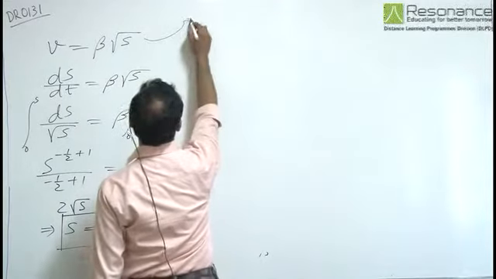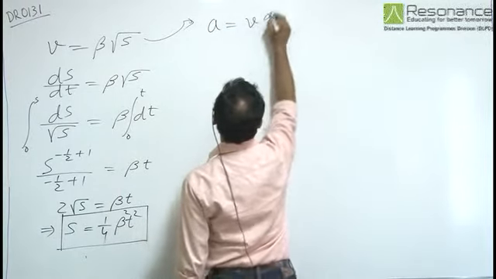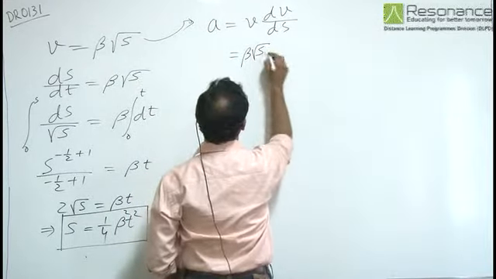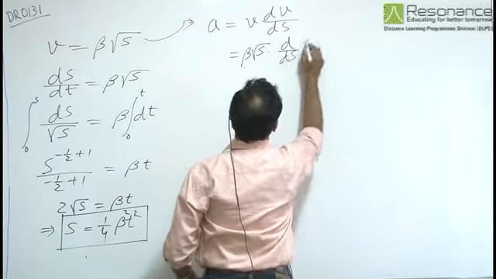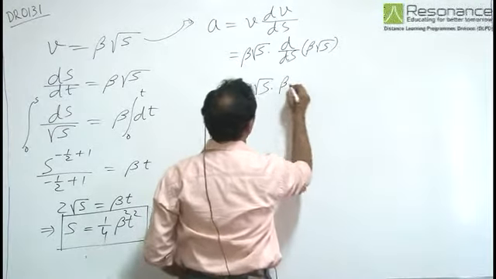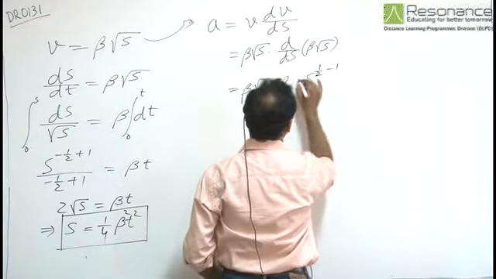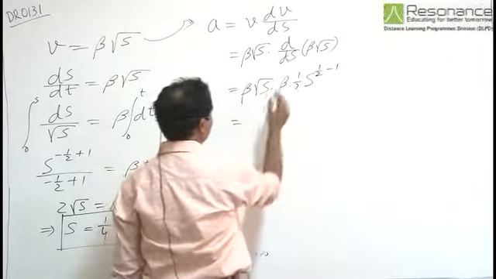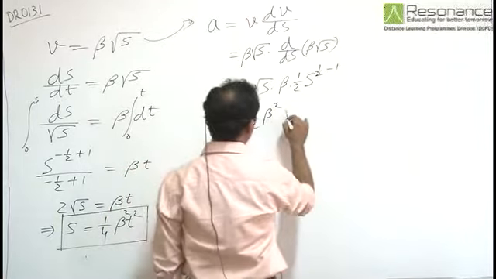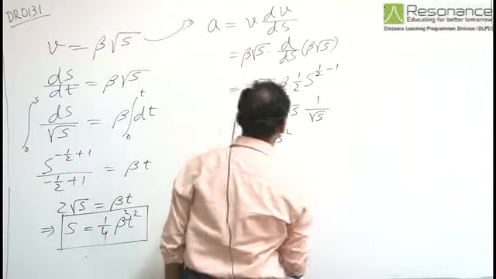Now from here we can have the acceleration of the car to be v dv by ds, that is beta root s into d/ds of beta root s, or we have beta root s into beta into s to the power half minus 1 into half, that is equal to 1 by 2 beta square root s into 1 by root s, or half beta square.